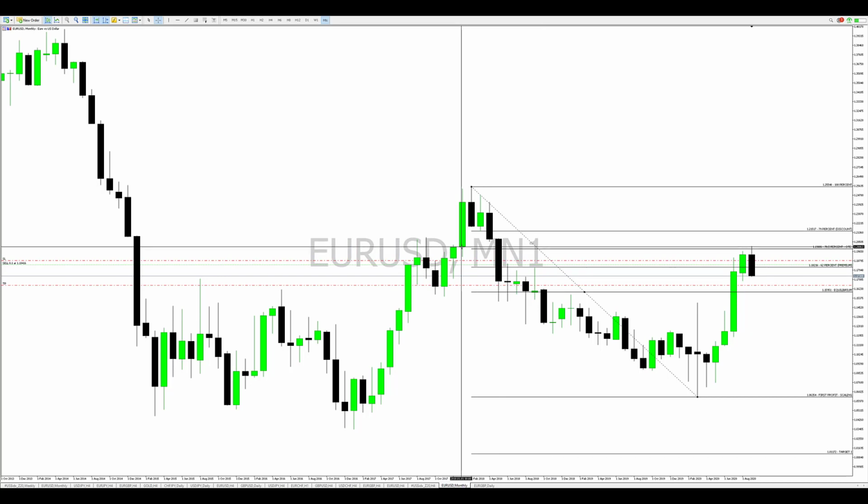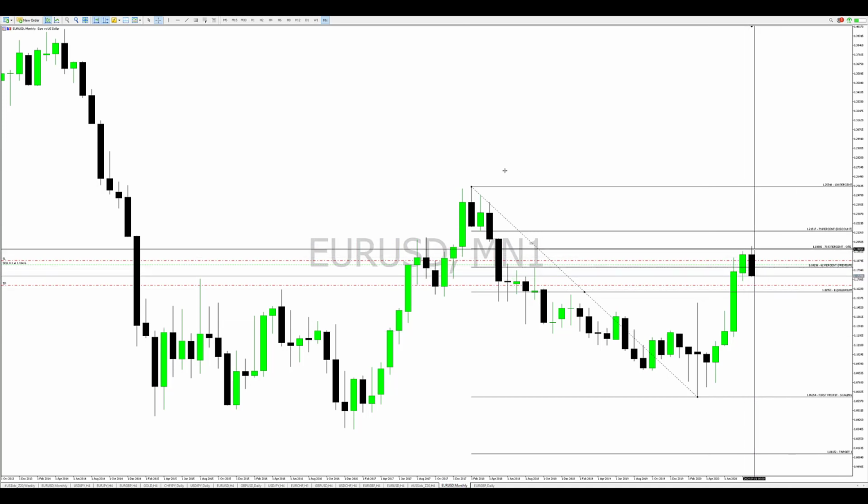So the institutional price level which was being worked at there is the 1.20, right? You can see that 1.20 was the institutional price which price was heading to, and we've got a high of 1.2010 currently for the month of September.